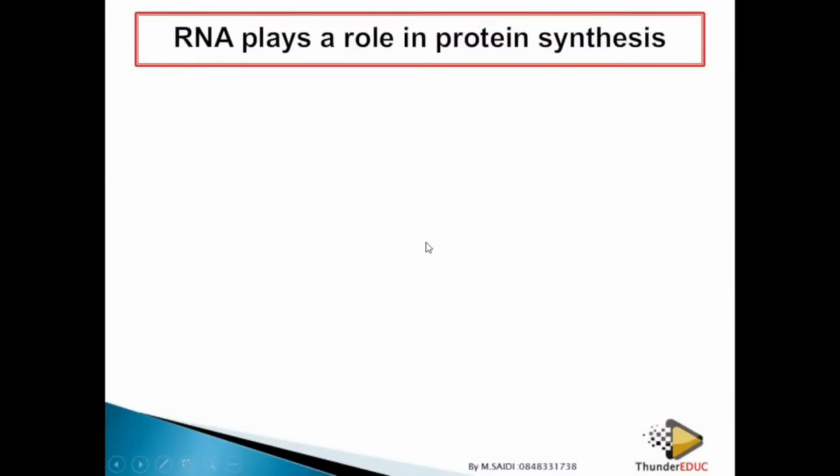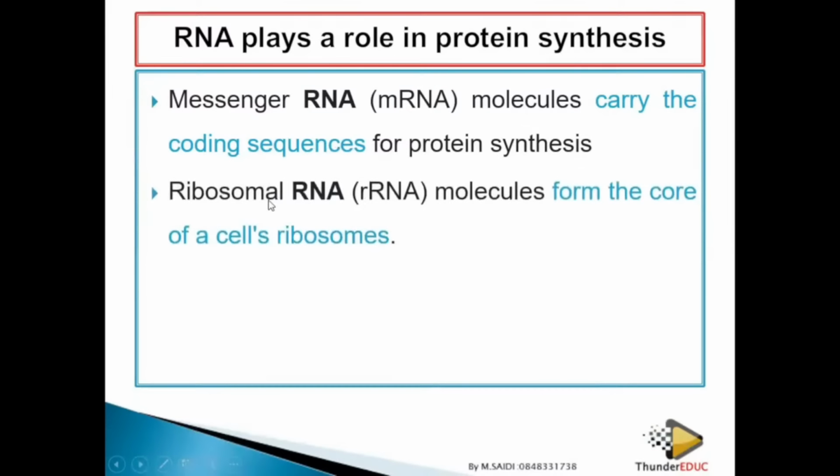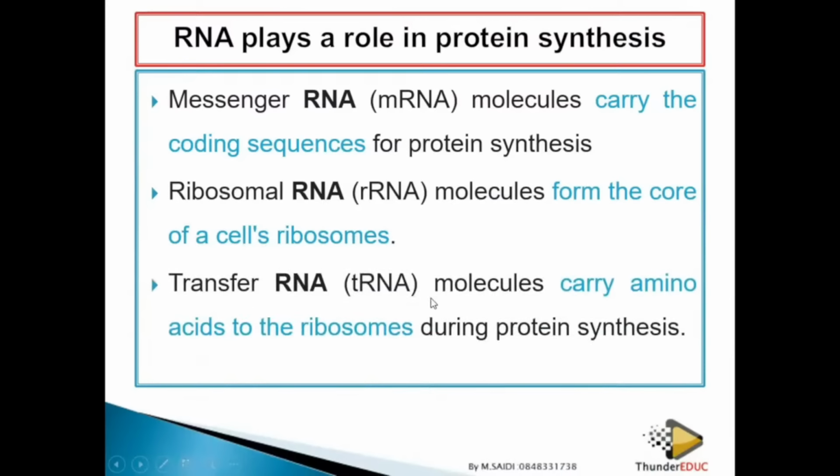So what is the role played by RNA in protein synthesis? Number 1, messenger RNA molecules carry the coding sequences for protein synthesis. Number 2, ribosomal RNA forms the core of the cell's ribosome. And number 3, transfer RNA carries amino acids to the ribosome.